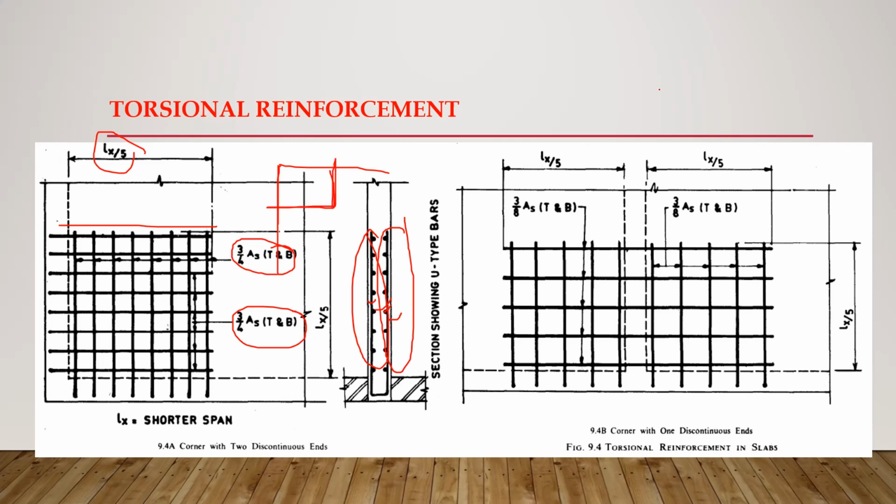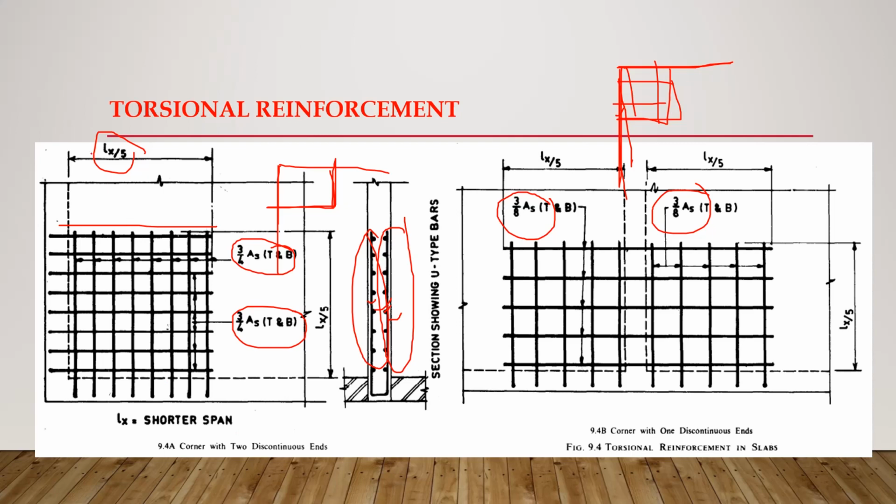Now if only one edge is simply supported and another edge is fixed, then torsional reinforcement detailing is done in such a way that the area of each layer is now not 3 by 4 times but 3 by 8 times the area.